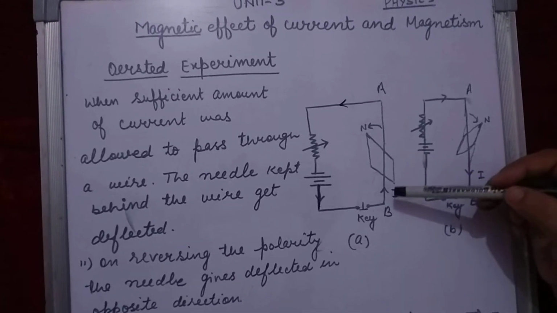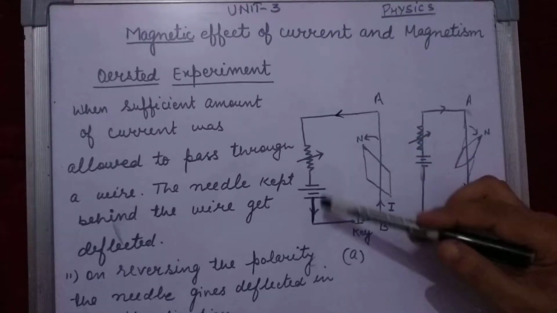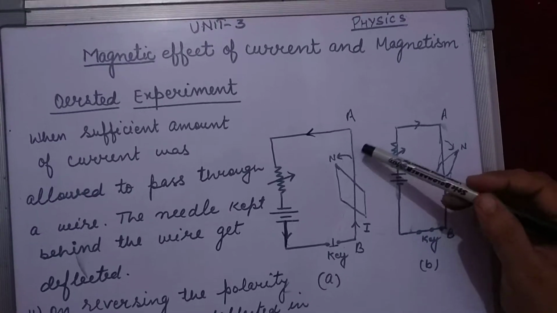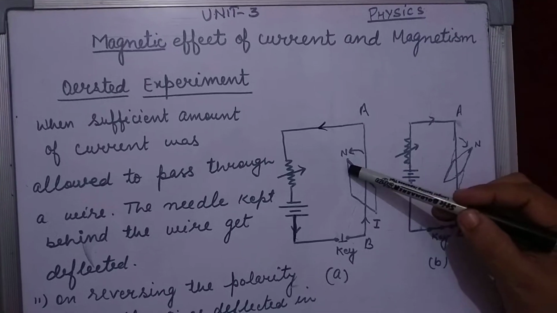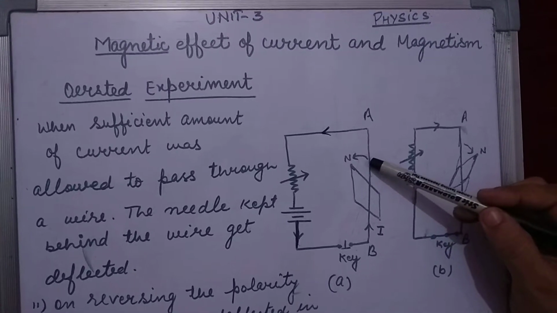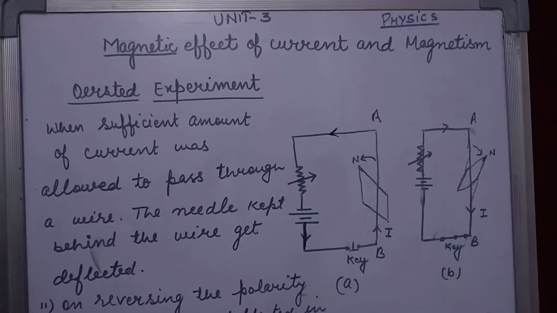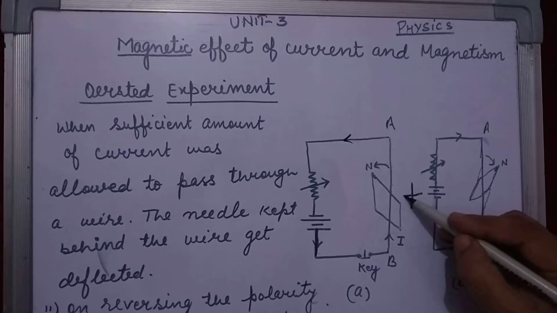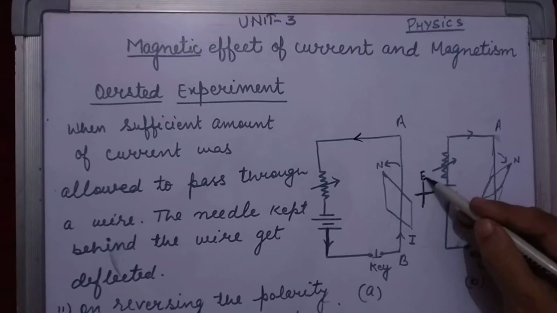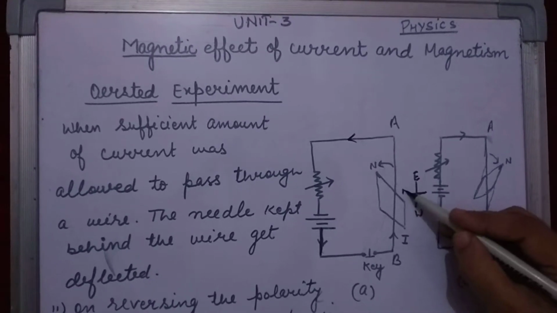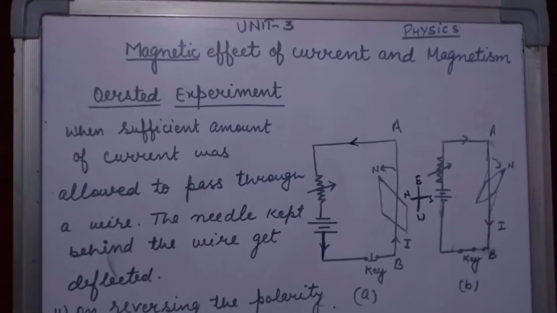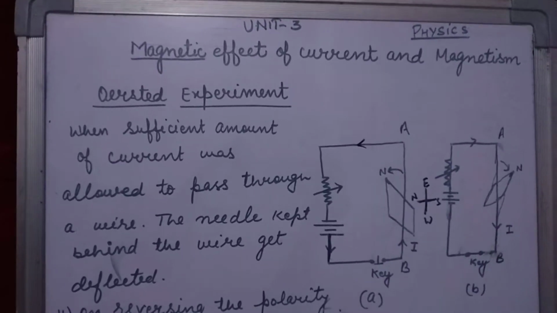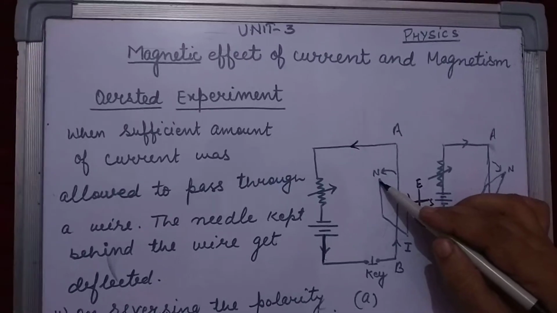What he saw was that when he passed the current through this rod, the magnetic needle put behind the rod got deflected from its original position. He kept the needle here, suppose like this, in the east, west, north and south directions. The needle was kept here, so the north pole got deflected towards this.